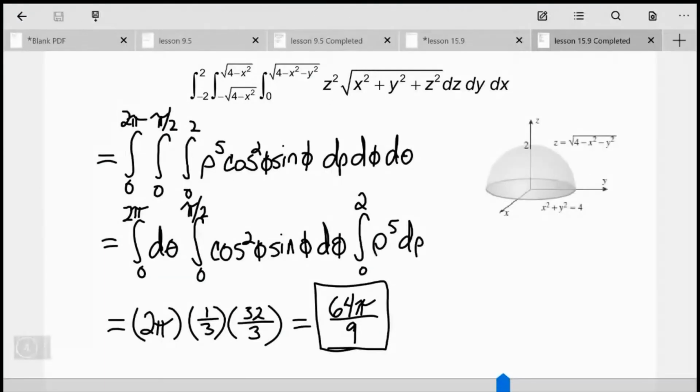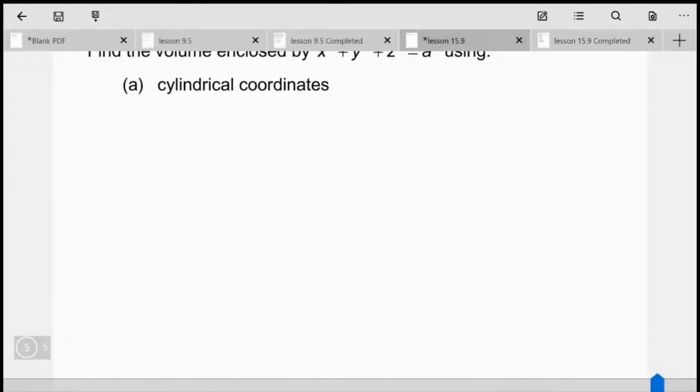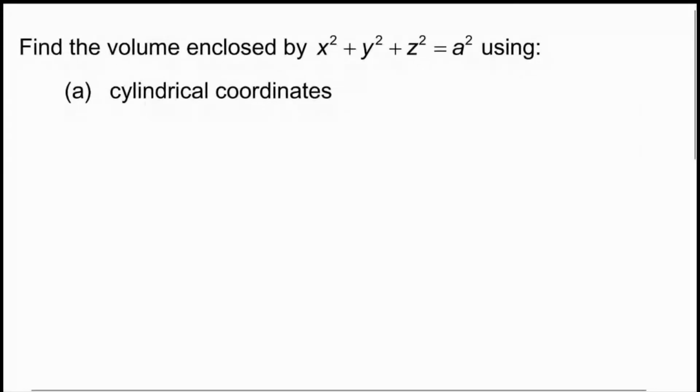All right, let's take a look at the last thing that I wanted to talk about here, which was that there are situations where you're going to have options in terms of how to set these up. And I just want to show you why, when you can use spherical coordinates, it's really the ultimate best option for us when appropriate.